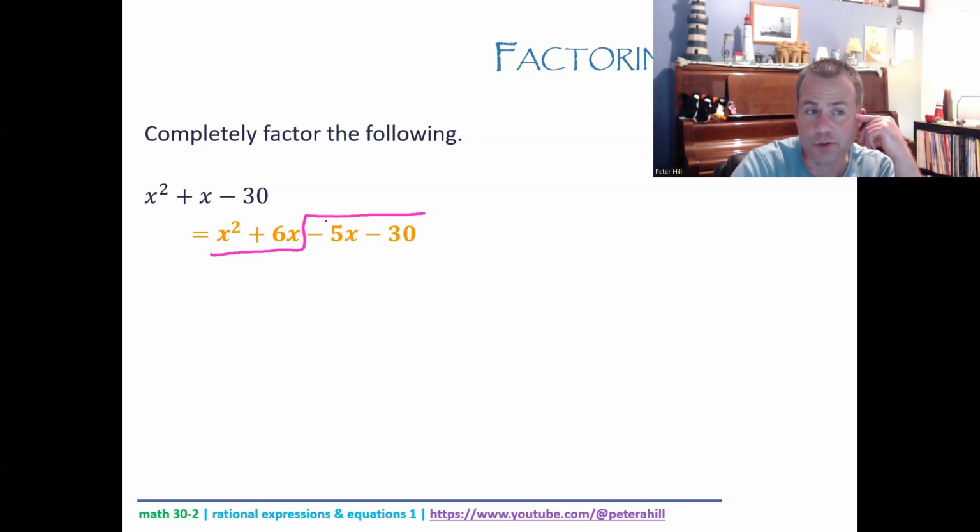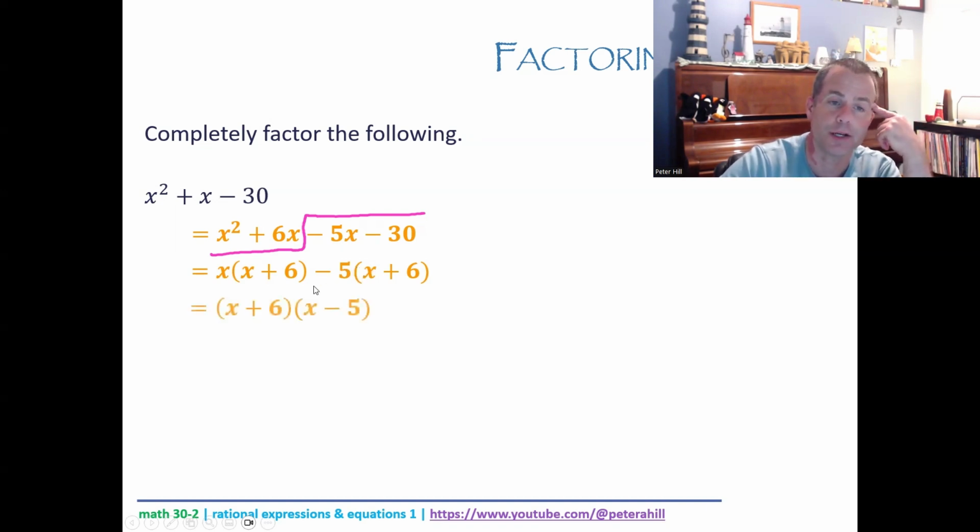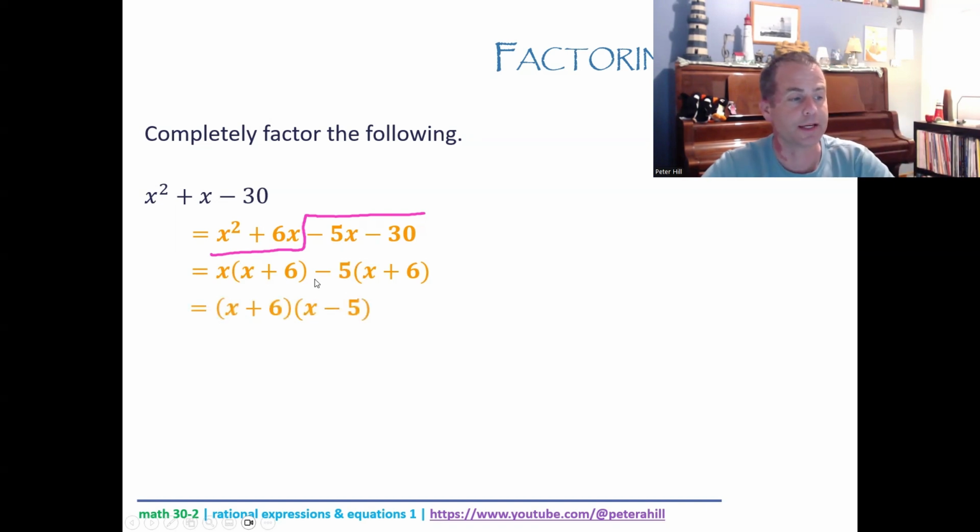If the front dude is negative, you always want to take out the negative. So taking out a negative 5, I'd be left with x plus 6. That makes me super stoked because I've got x plus 6 on both terms. I can pull that x plus 6 out to the front, and I would be left with x minus 5. Okay?